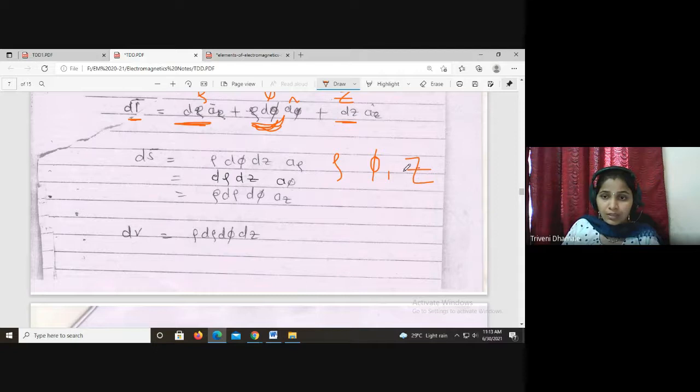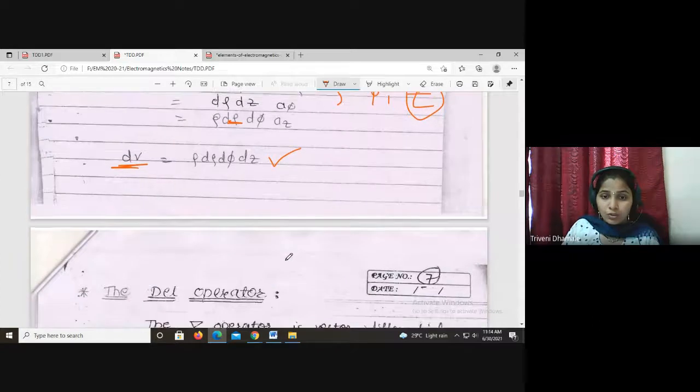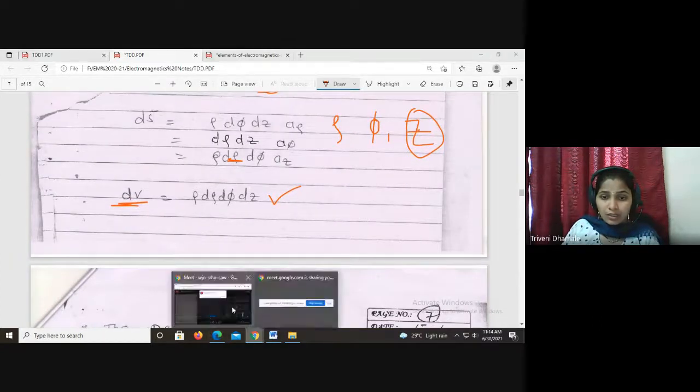For az, this is d rho or rho d phi, with az. And for volume, the multiplication of these three differential lengths, rho d rho d phi dz. This is the volume, a scalar quantity. So this is all about the cylindrical coordinate system.